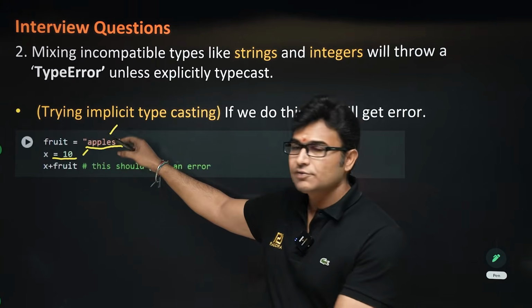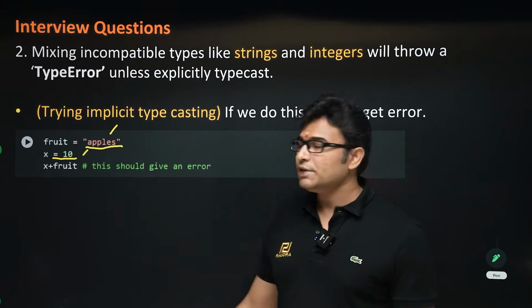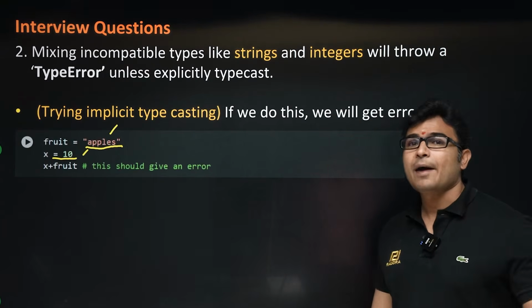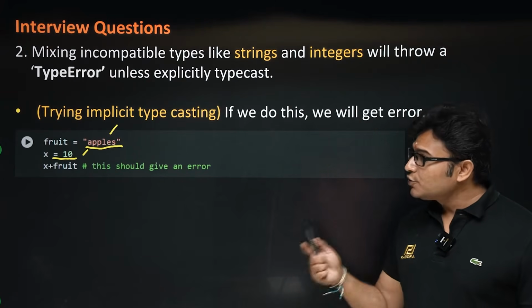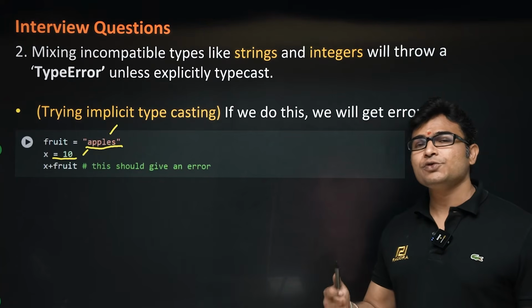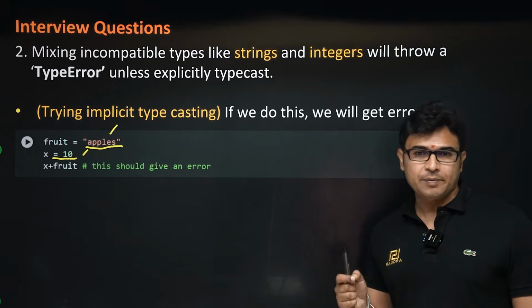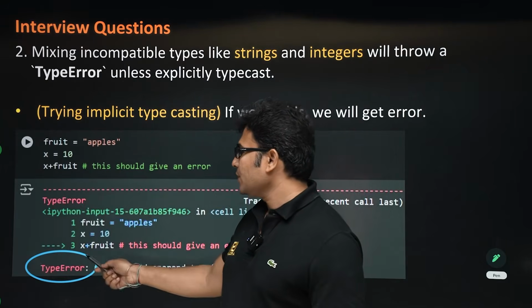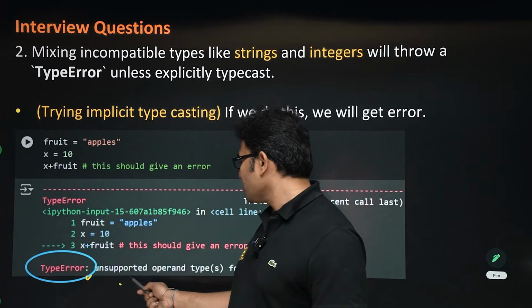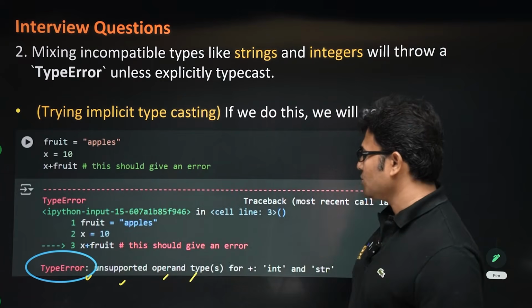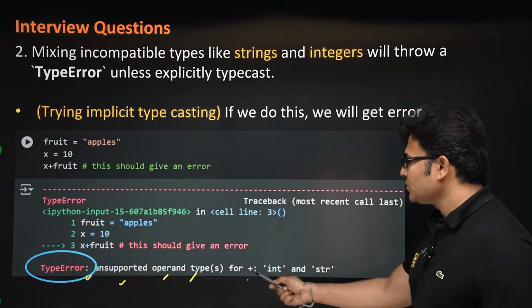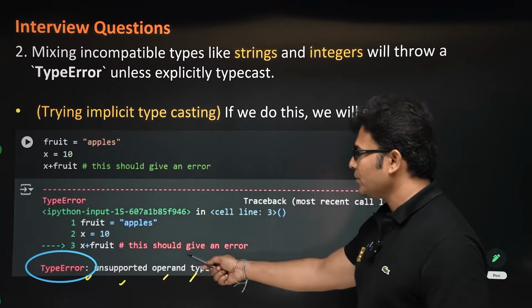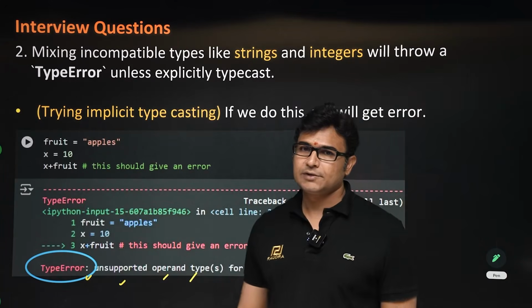From next time, increase the font of it. Okay. So this kind of typecasting will not happen, right? What you should be doing is explicitly you should do typecasting. Implicit typecasting will give you error. If you try to do this, you are going to see type error, unsupported operand type error. Okay. So for plus, you are giving integer and string which are unsupported operand types.